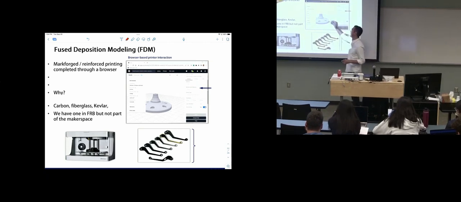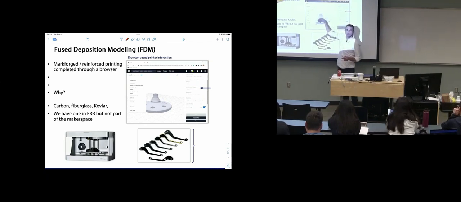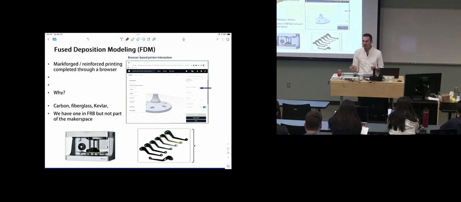This is one of the parts for the ballbot. It tells you all the information about the part, and then it allows you to select reinforcement material. You can select where it goes. So this is how the process would work for the Markforged.